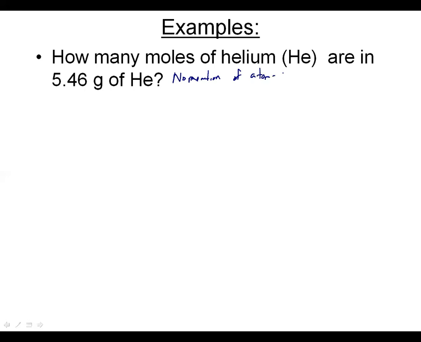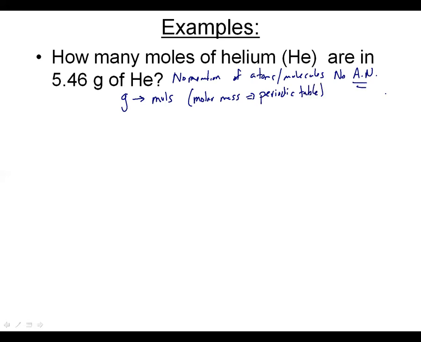There's no mention of molecules, which automatically tells us no Avogadro's number here. We're essentially doing the conversion where we're going from grams to moles. And the conversion that allows us to do that is the molar mass. And we get that from the periodic table.